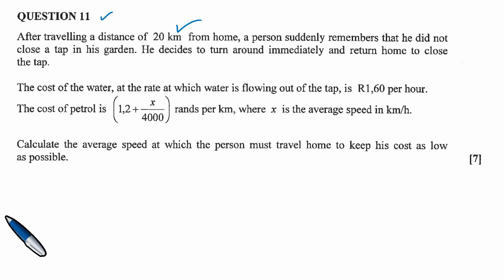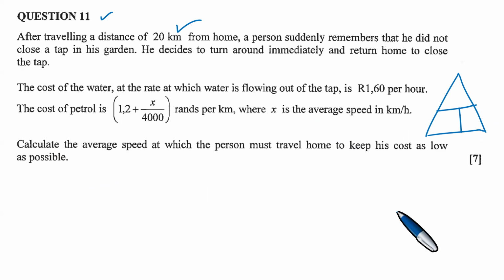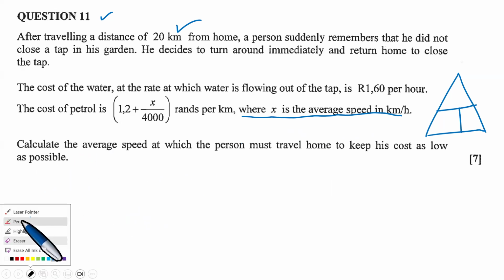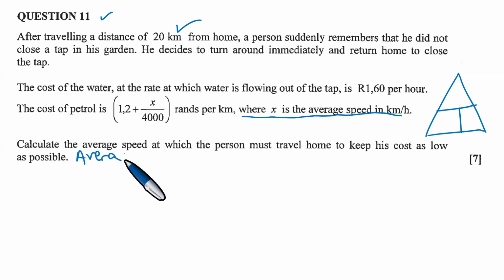Now, we need the time here, but we need to go back to grade 10 and remember what we did at grade 10. We need to take note of the fact that x is the average speed in kilometers per hour. Obviously, as the examiner says, it is average speed.